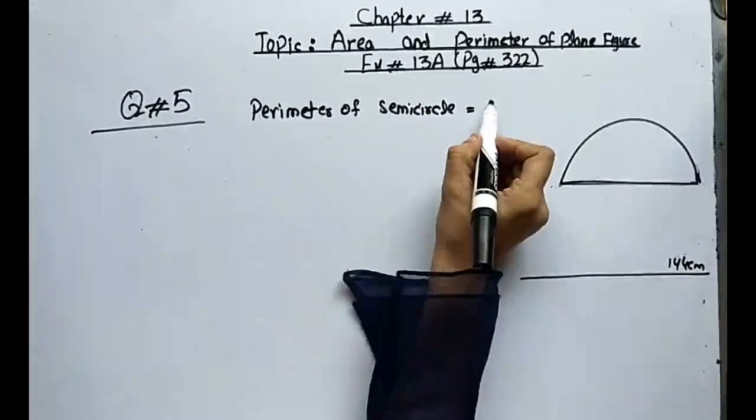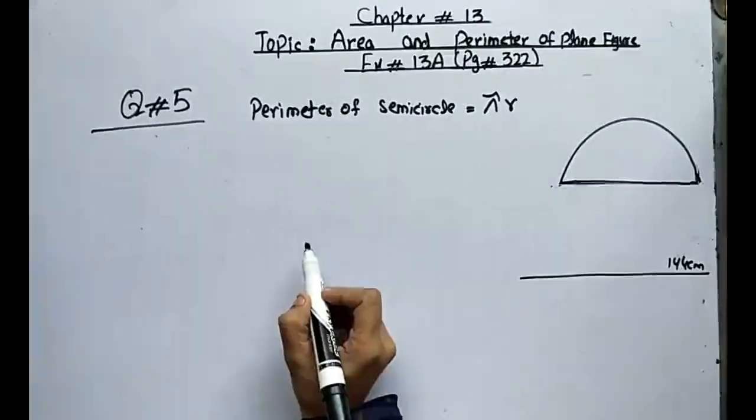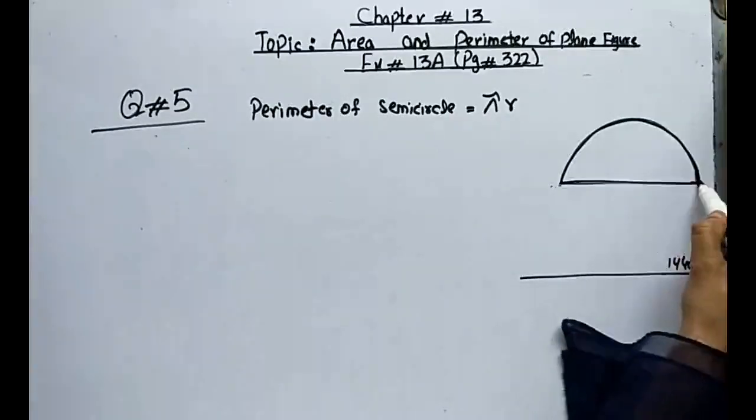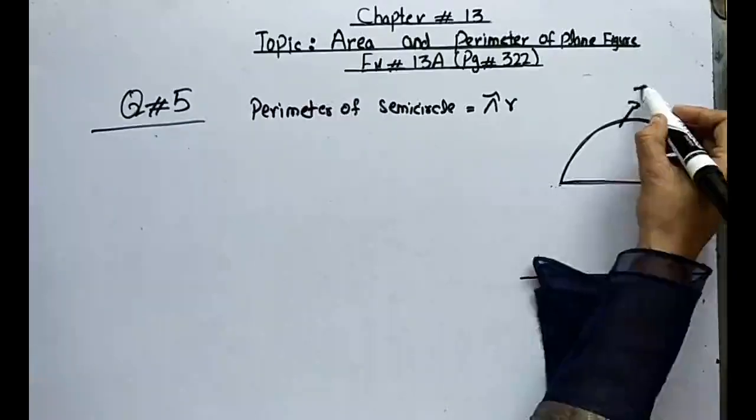It will become just pi r. Fine. It means this boundary is equal to pi r.